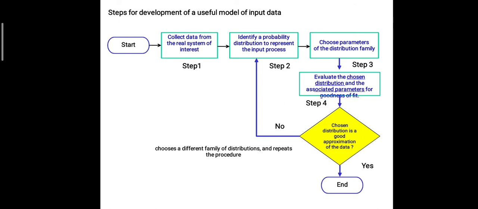In the fourth step, we will evaluate the chosen distribution and associated parameter for goodness of fit. Once the goodness of fit is approximate to the data, then we will stop. Otherwise we will repeat from step 2 by selecting a different family of the distribution, and we will repeat the steps.